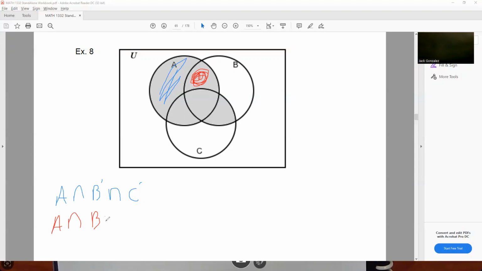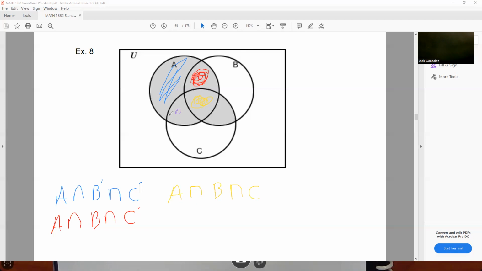So intersect not C. Also, keep anything to see out. Yeah. And then the middle one is pretty easy, right? It's the triple intersection.